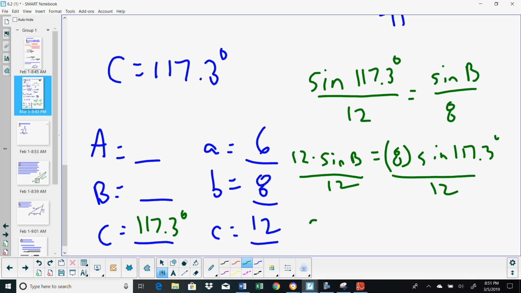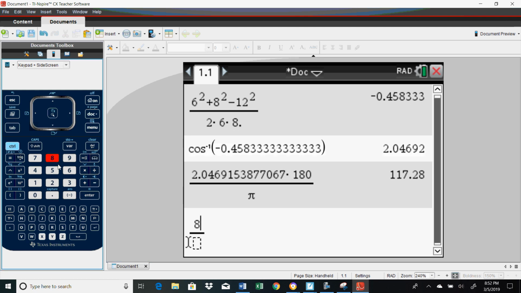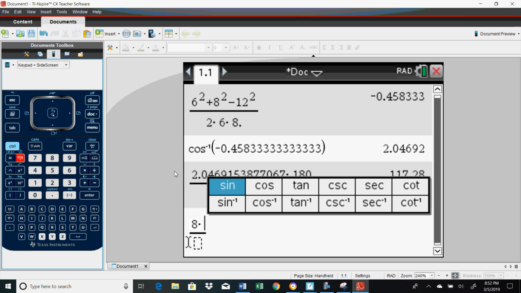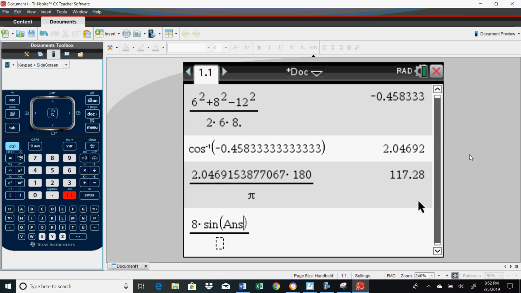And we really can find the sine of angle B by doing 8 times the sine of 117.3 degrees over 12. Let's do this on the calculator. I want 8 times sine of this angle right here. I'm just going to use my previous answer. So control negative pops that previous answer in there.